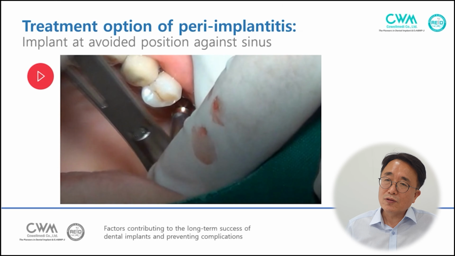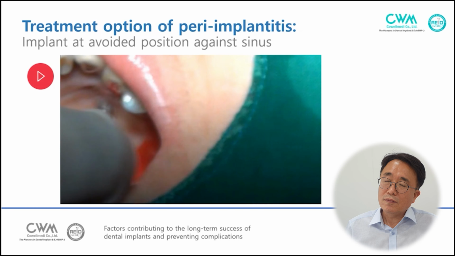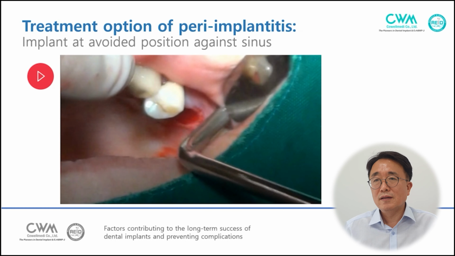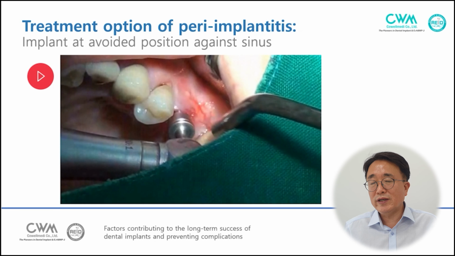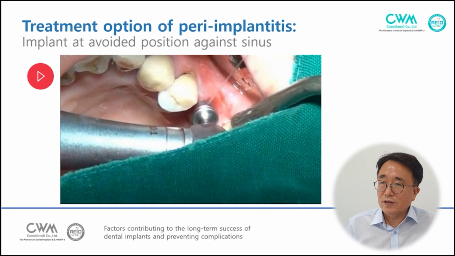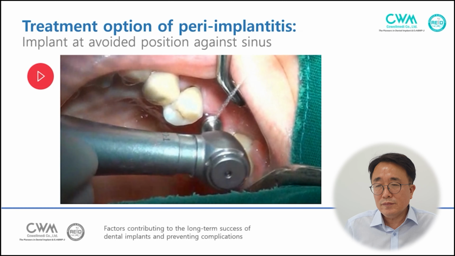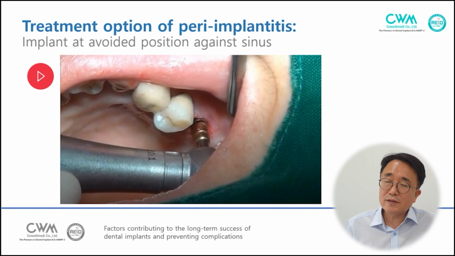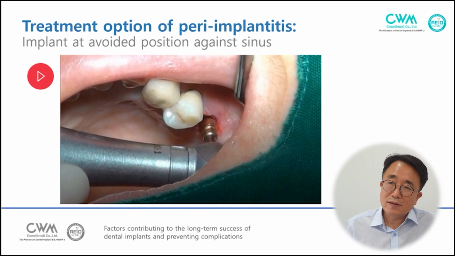And the overtalk is removed, and the implant. Here, about 3 millimeters is fractured and drilled into the palatal side bone. And the implant is placed into the palatal wall.